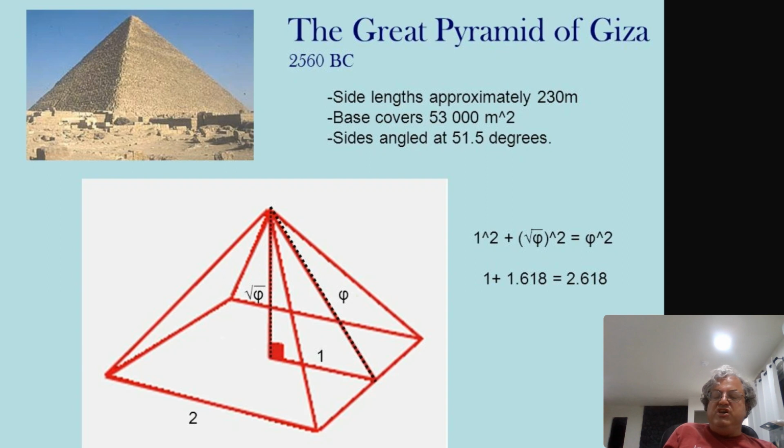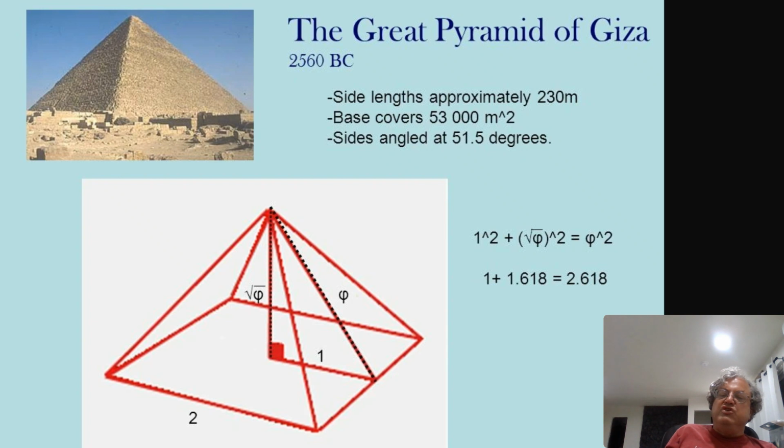If you call the radius of the base 1, or the side of the base 2, and then you look at the length of the altitude of one of its triangular faces, that altitude is equal to phi, which is the symbol for the golden ratio, which I said earlier is about 1.618. And you get it twice. Actually, you get the square root of phi too. If you look at the height of the pyramid, the height turns out to be about the square root of phi.